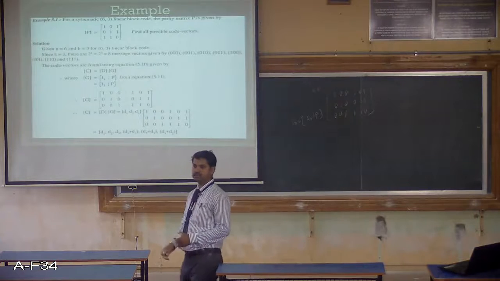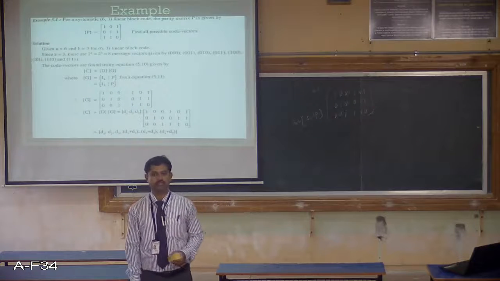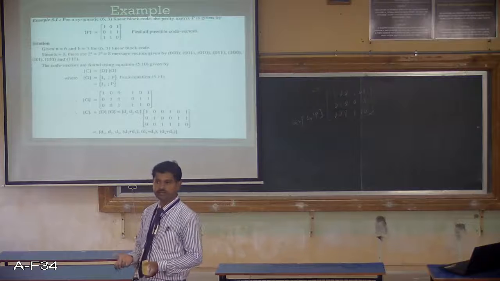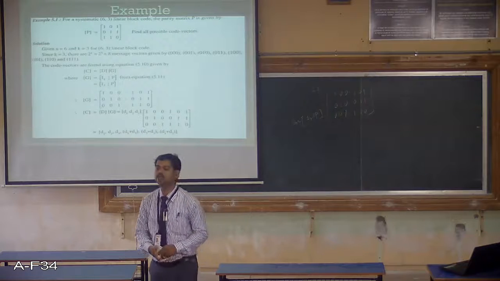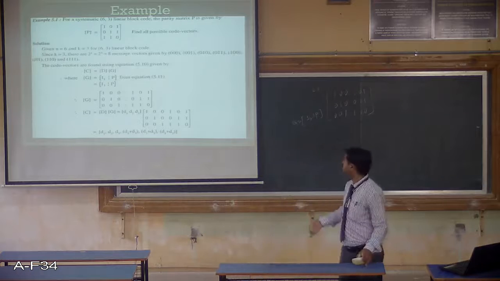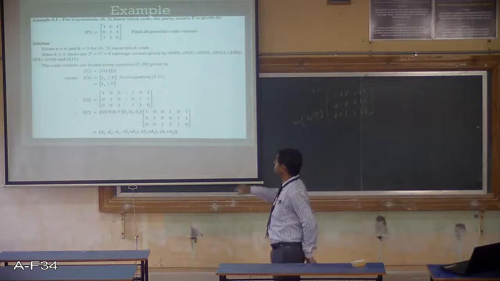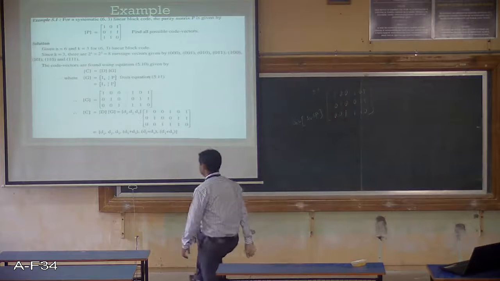Its length is 3. Totally there will be 8 unique messages. G is readily available. Then you can just perform the matrix multiplication. I can produce the code words. So your G is I3 followed by P. This is my G.